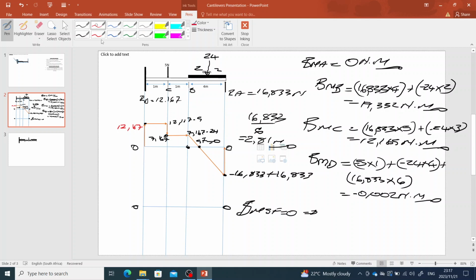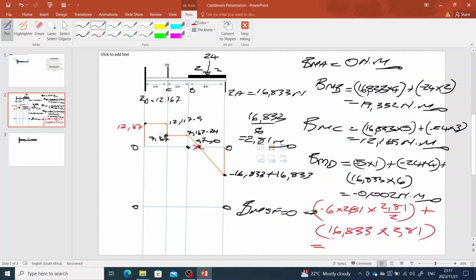Then we can calculate. Now, if we take moment there, then it will be 6 multiplied by 2,81 multiplied by 2,81 divided by 2, close bracket, plus 16,833 multiplied by distance 2,81.